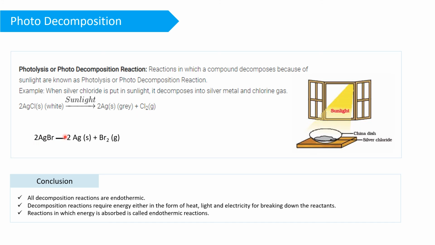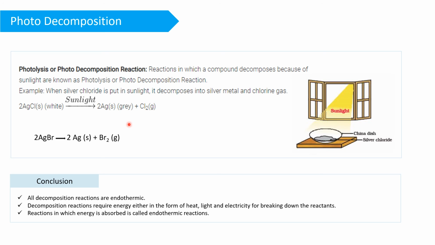Or you can take silver bromide, which is yellow in color. Similarly, in sunlight it decomposes to silver, Ag, plus bromine gas. This principle is mainly used in black and white photography.